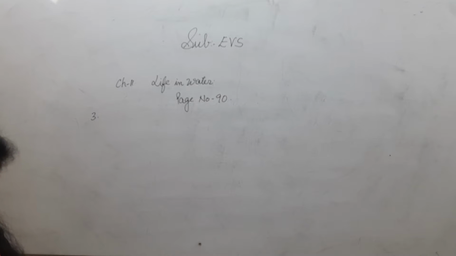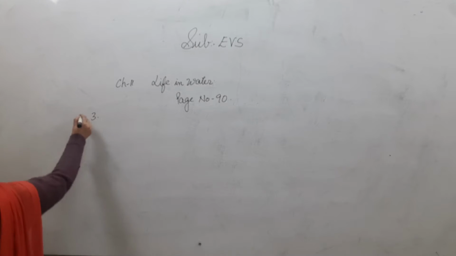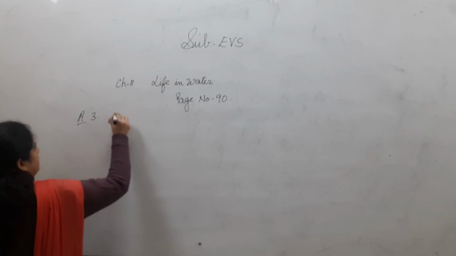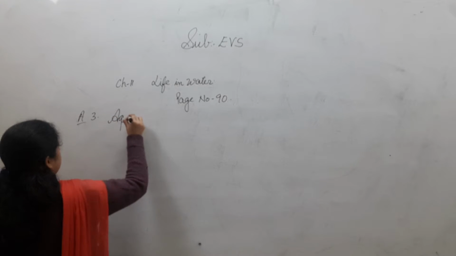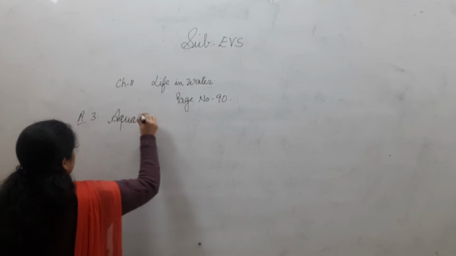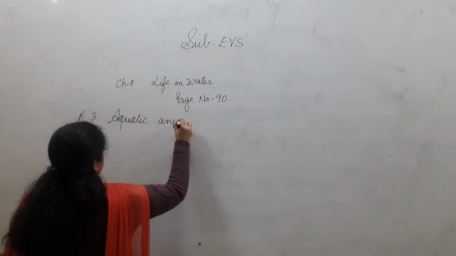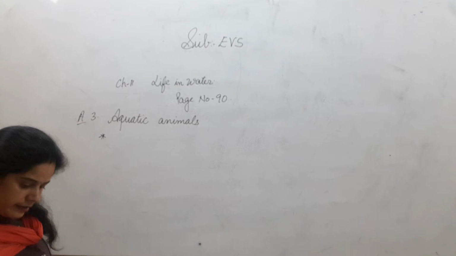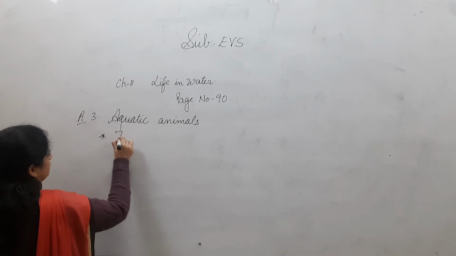Have you looked at any pond or body around you and make a list with the help of your teacher of aquatic animals and plants which are found in it? So, I am writing the answer for it. First, we will write about the aquatic animals. The aquatic animals are, first one is fish.